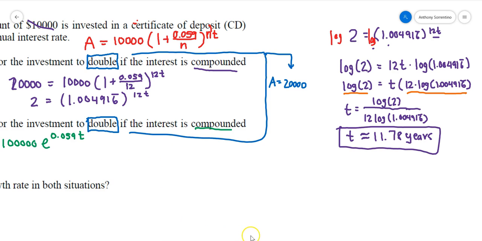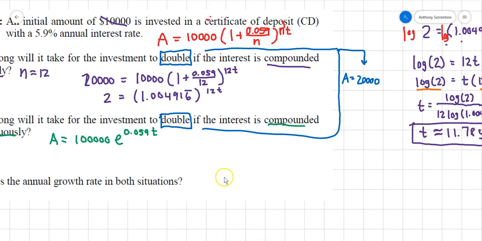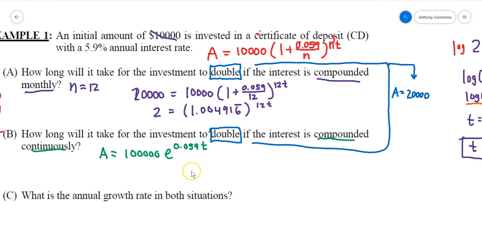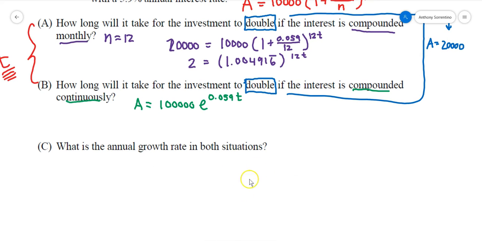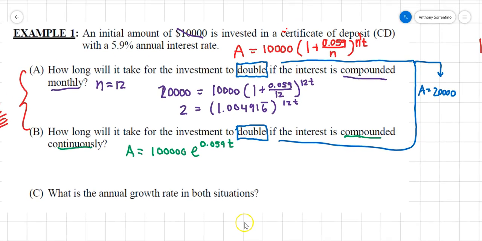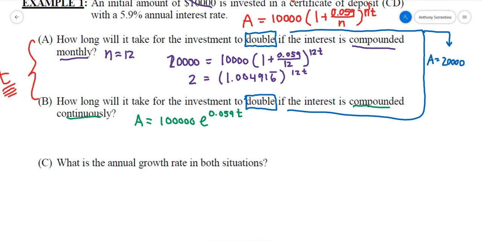I would expect the answer for part B to be maybe slightly shorter than 11.78 years, but it's not going to be significantly so. And again, I'm just going to use the information that I have, and because of the doubling, I now know that's going to be 20,000 equaling 10,000 e to the 0.059t.